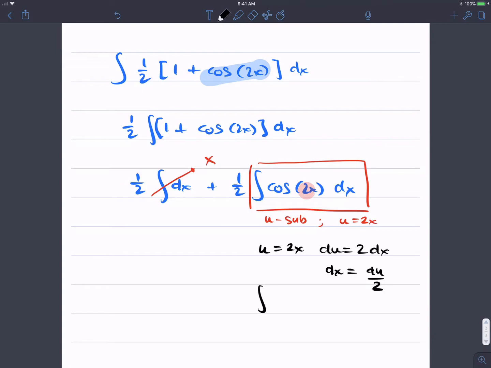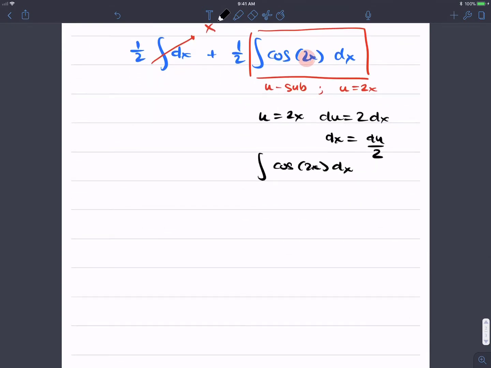So this particular integral of cosine 2x dx, with all the detail, becomes the integral of cosine u du over 2. I can now pull out my constant of 1/2, and I have cosine u du. I have to remember the antiderivative of cosine, which is sine.